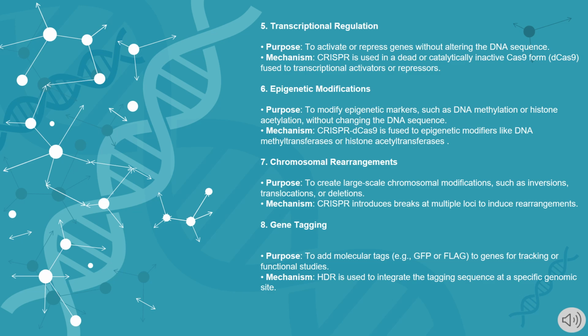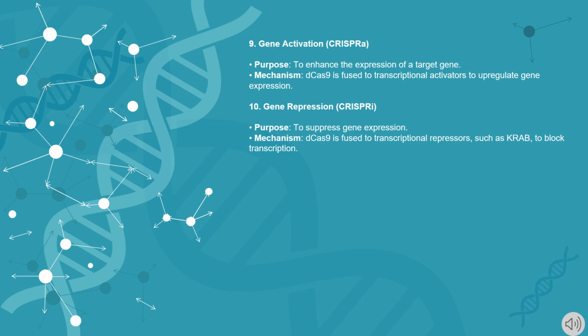8. Gene tagging. Purpose: to add molecular tags, e.g., GFP or FLAG, to genes for tracking or functional studies. Mechanism: HDR is used to integrate the tagging sequence at a specific genomic site. 9. Gene activation, CRISPRa.